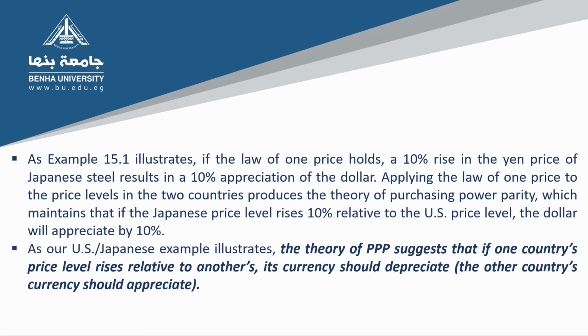As the example in the left slides illustrates, if the law of one price holds, a 10% rise in the yen price of Japanese steel results in a 10% appreciation of the dollar.